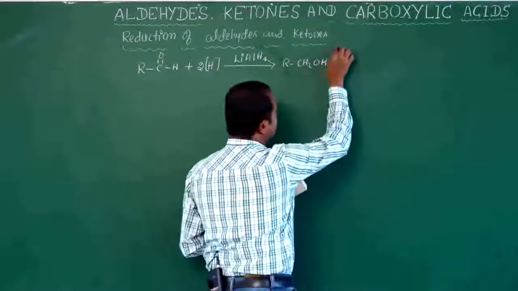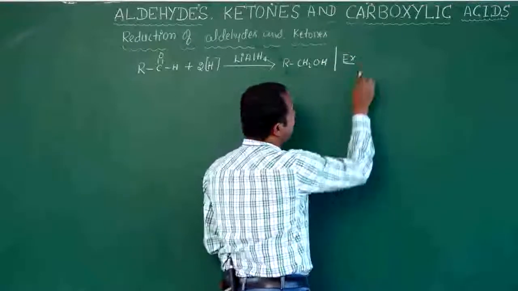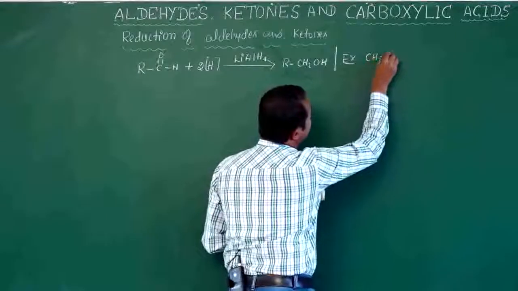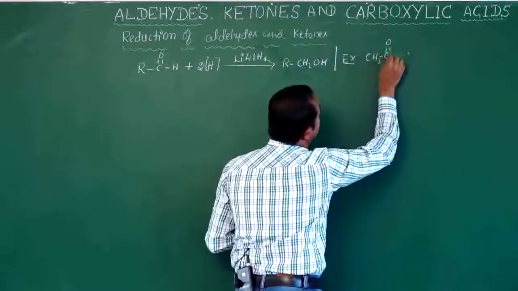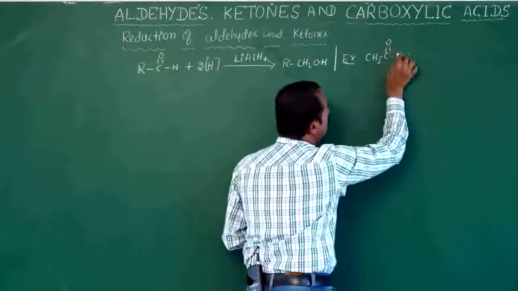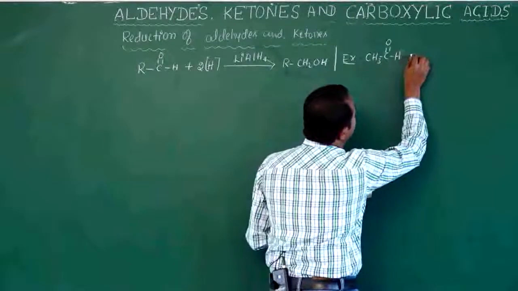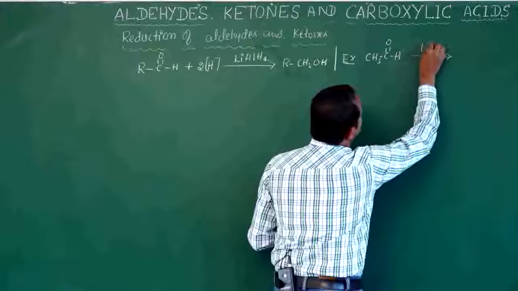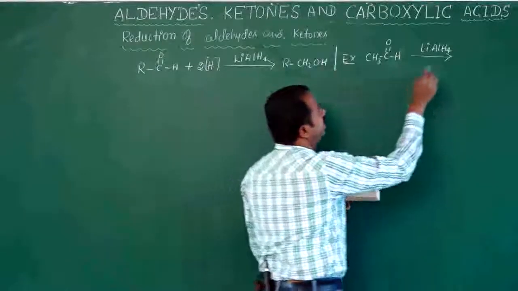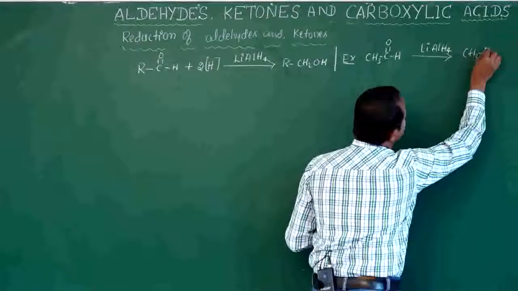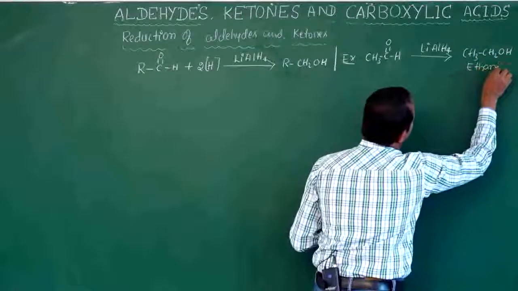Take an example. The general formula of aldehydes, acetaldehyde, CH3CHO. Aldehyde on reduction with lithium aluminum hydride forms CH3CH2OH, ethanol.